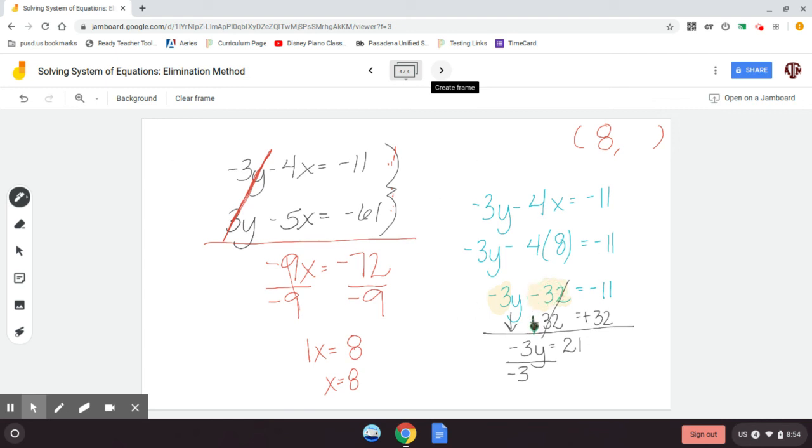Okay. So down here, the reason they're both negative is because I'm trying to get rid of this negative 3. So I have to divide by a negative 3. If I don't divide by the negative, then the negative sticks with the y, and I don't want that. Okay?